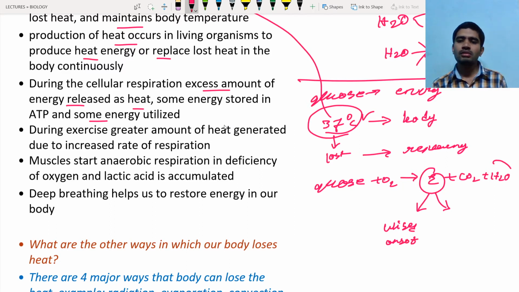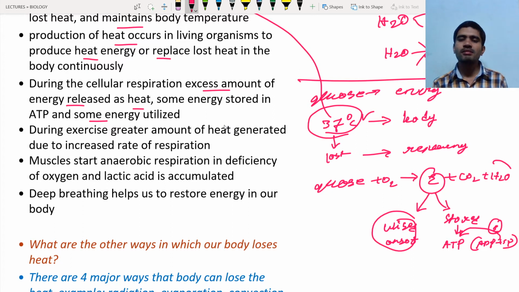When the cells need energy, they utilize it on the spot, and again some amount of energy will be stored in the form of ATP. How are the ATP molecules produced? ADP plus inorganic phosphate are combined to form ATP, and energy is required.